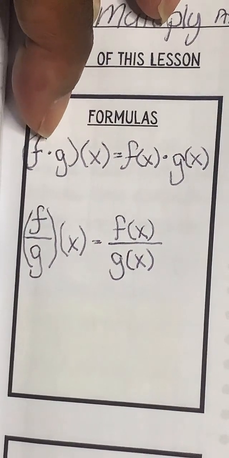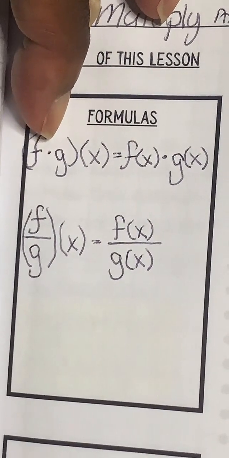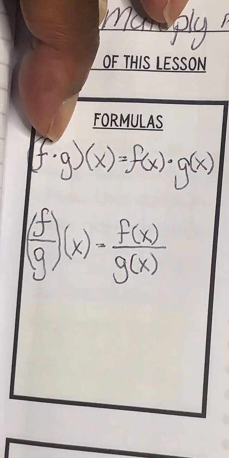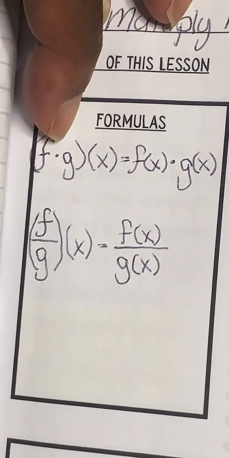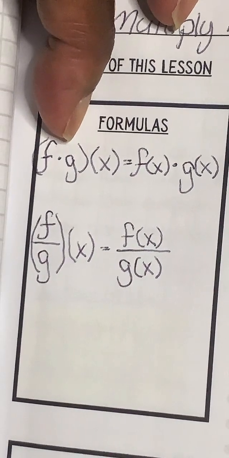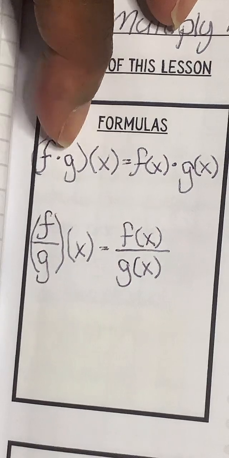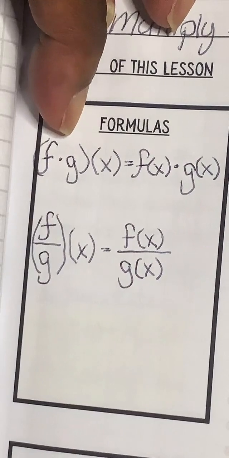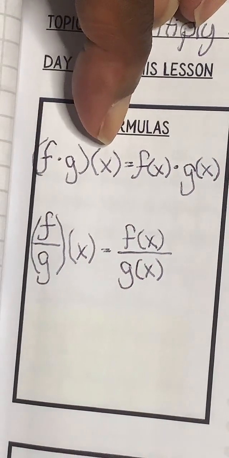The only difference is, instead of a dot, there's going to be a small circle, and there's a meaning behind that. But when you see a dot, that's representing multiplication.